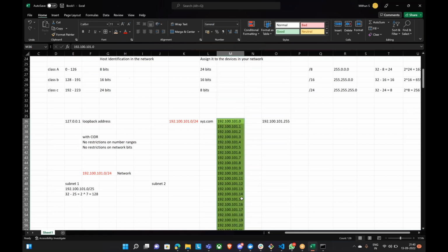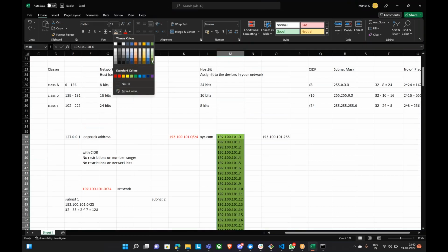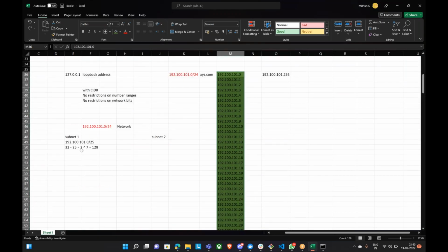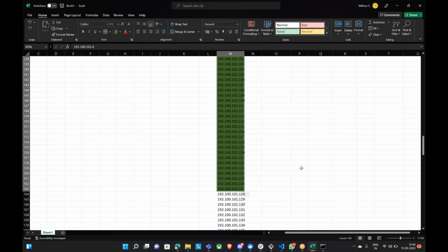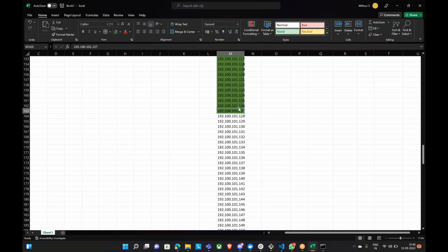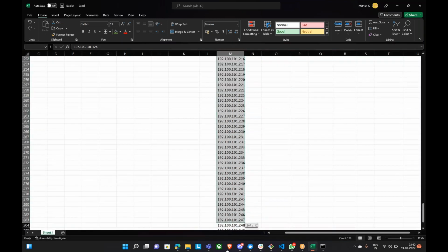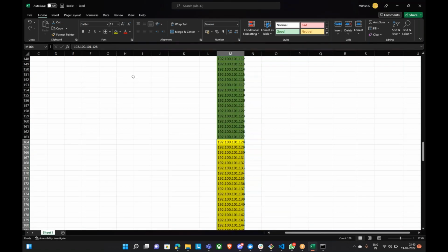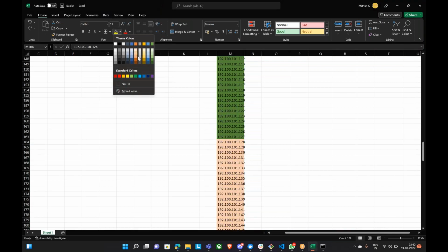This belongs to team green. 0 to 127, it becomes 128 IP addresses. And the remaining, from 128 to here, team orange.